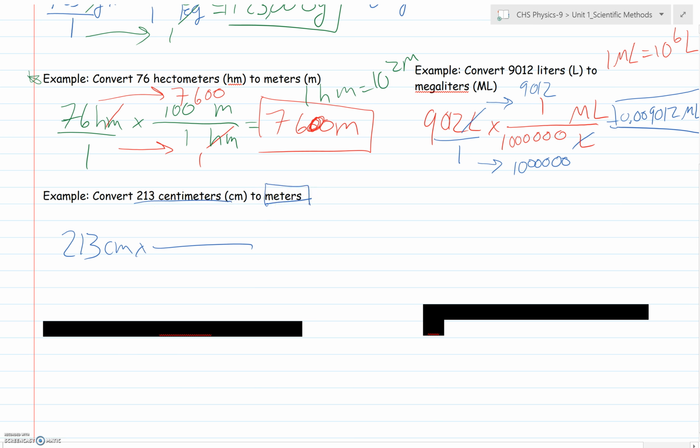Meters is what I'm trying to find in the end. Put my meters over there. And so centimeters go on the bottom, meters go on the top. And what we know is that 1 centimeter equals 10 to the negative 2 meters. Now this negative business is going to throw us some problems.